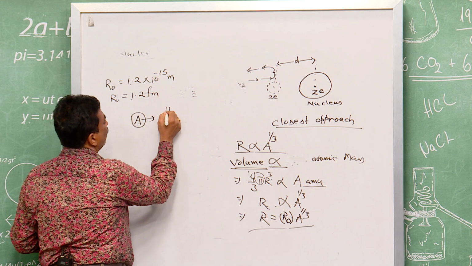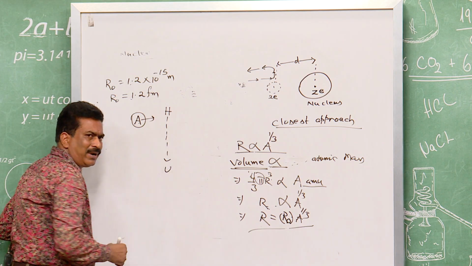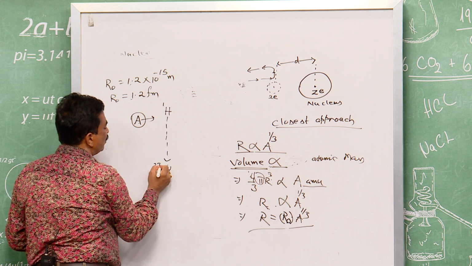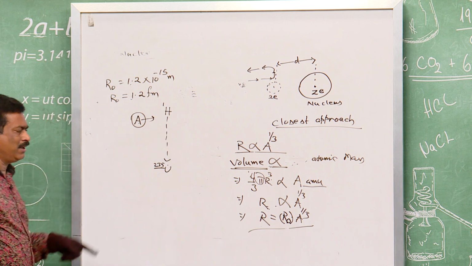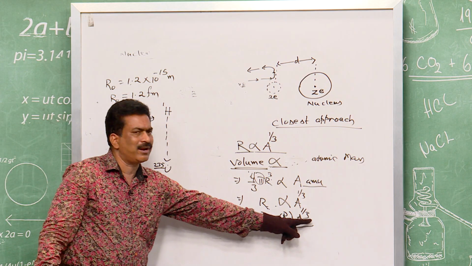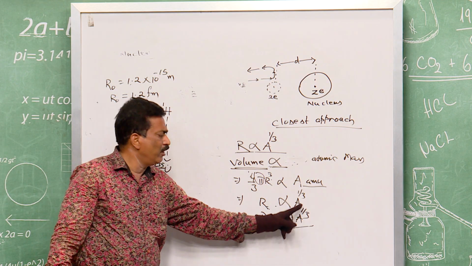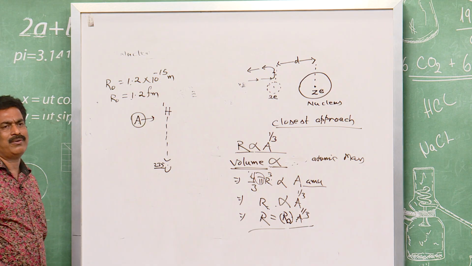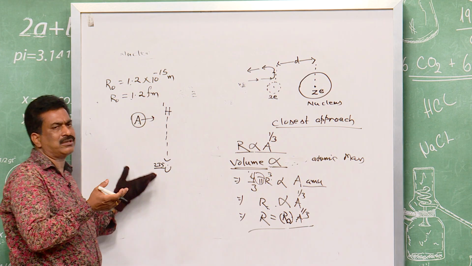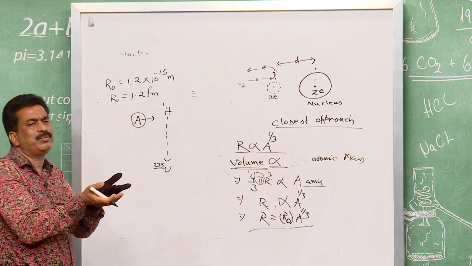If we start from hydrogen and go up to uranium, where A is 1 for hydrogen and 235 for uranium, we take 235 to the power of 1 by 3, and for hydrogen 1 to the power of 1 by 3. So what you are observing is that as the number of nucleons increases, the nuclear size increases.